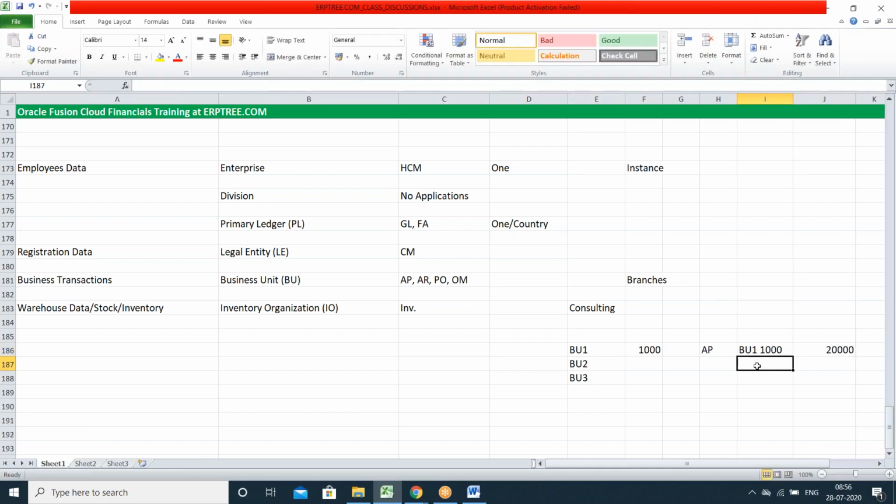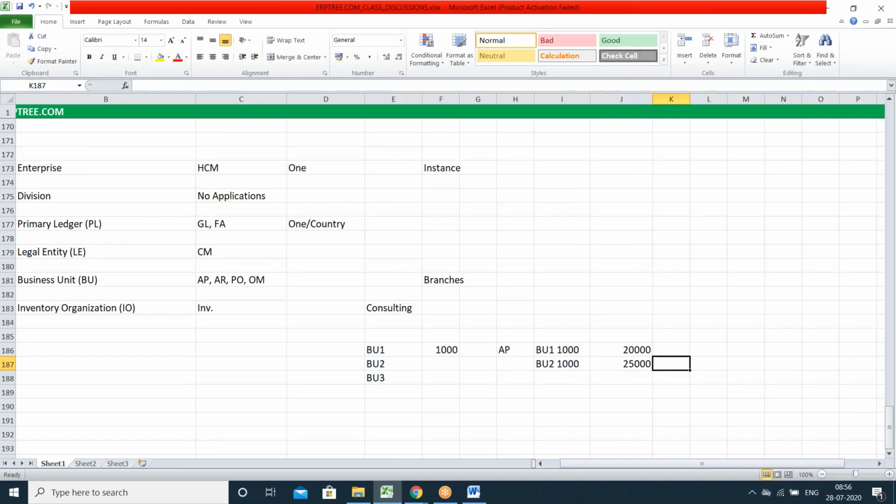For BU2, I'll select the company as 1,000 and create a transaction of 25,000. I am doing everything in the accounts payable application. For BU3, I'll select the same company, since you have only one company. Here I'll enter 30,000. Now it's clear, right?